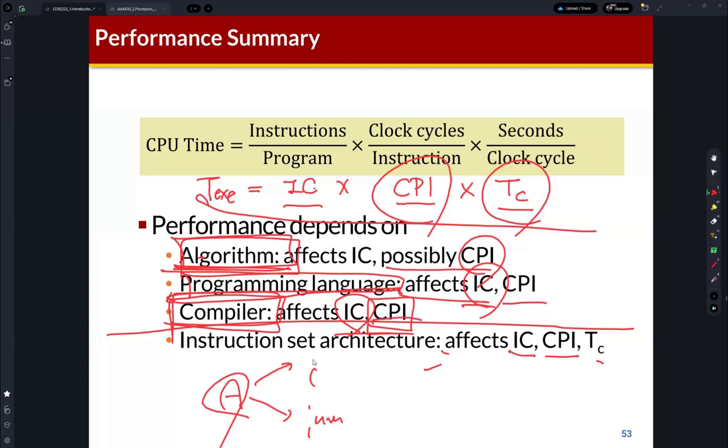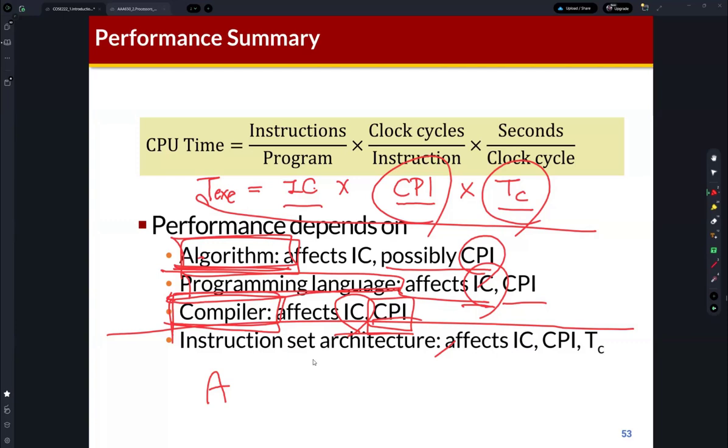So I will explain why using MIPS we cannot directly measure the performance of a computer system. For example, this is the same application A, and we can apply different compiler optimization levels.